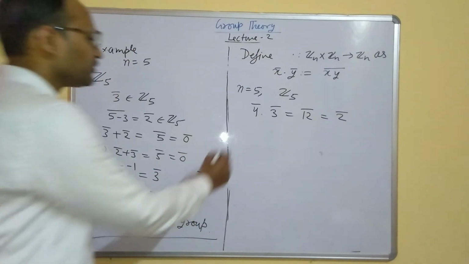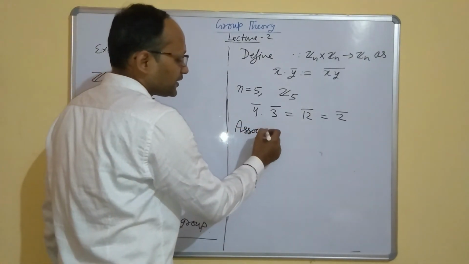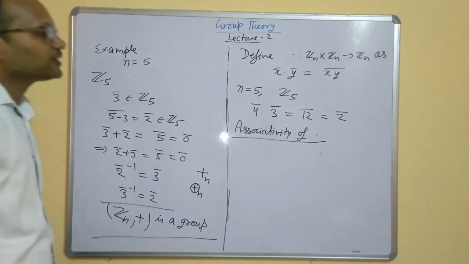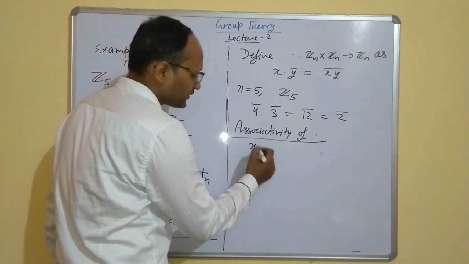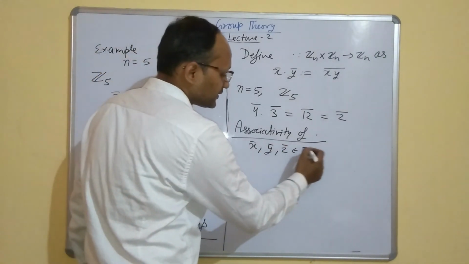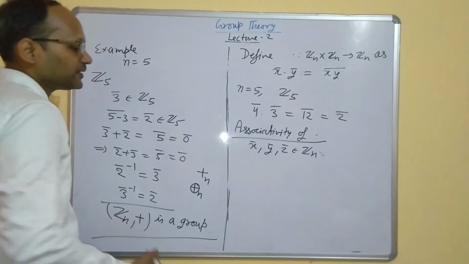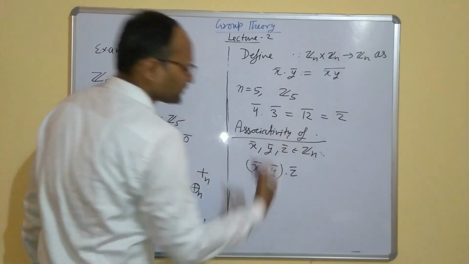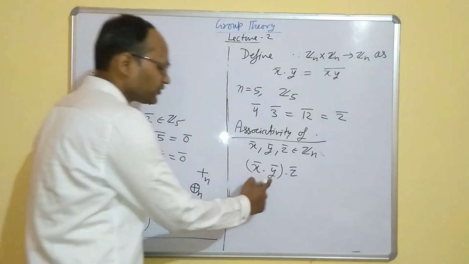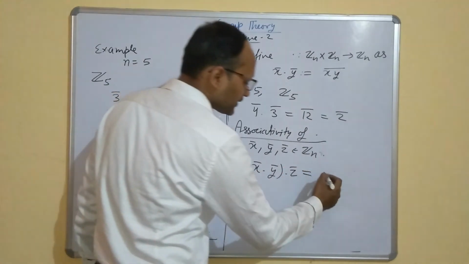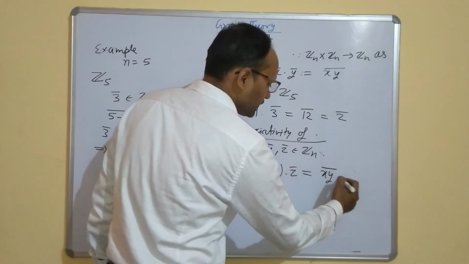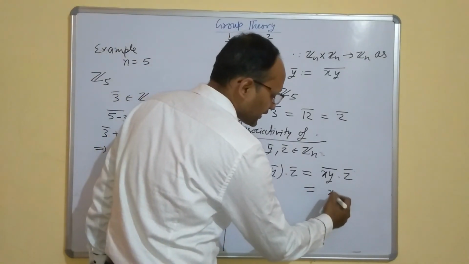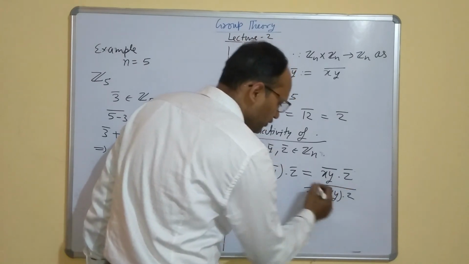Let us check the associativity of dot. Take three elements in Zn, then x bar dot y bar dot z bar. Let us check it. By the definition of multiplication, x bar dot y bar is xy whole bar dot z bar, and by the definition of multiplication again it can be written as xy dot z whole bar.